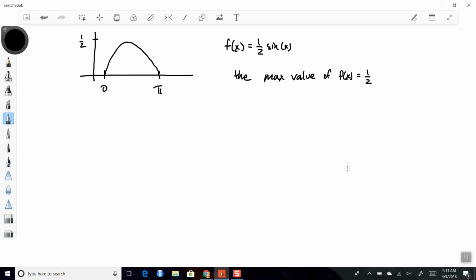So the max value of f of x is 1/2. And what is our g of x? Our g of x is equal to the value 1 over pi. Right. So what do I need to multiply g of x by so that it is always greater than f of x? We want m times g of x to always be greater than f of x for all x. Okay, so what is m?